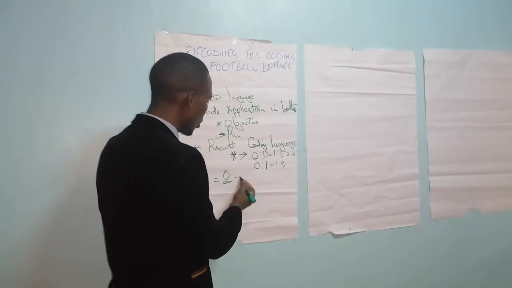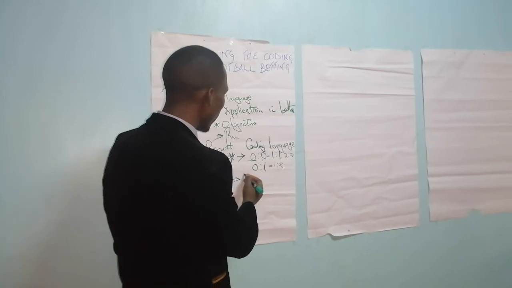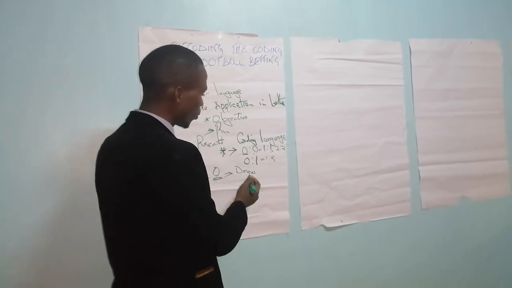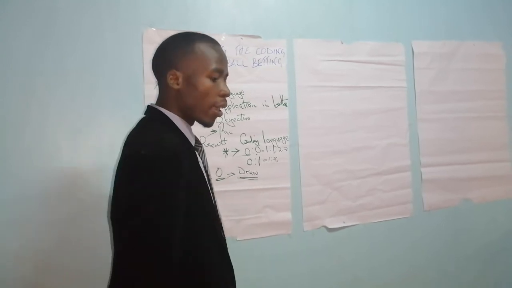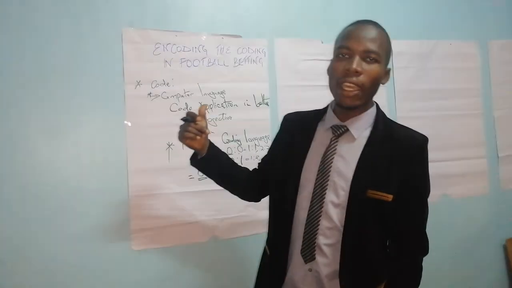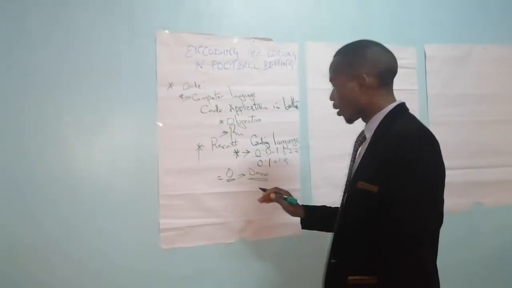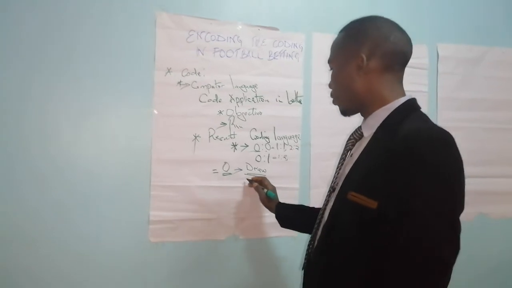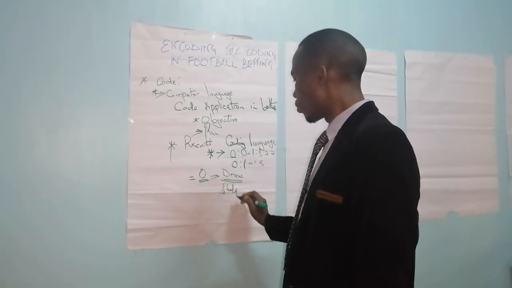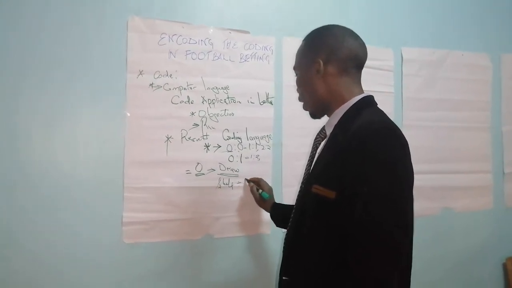First, it is 0-0 when the game ends in a draw. In football betting, how many times does the game end in a draw? There is the first half, and then there is the second half.